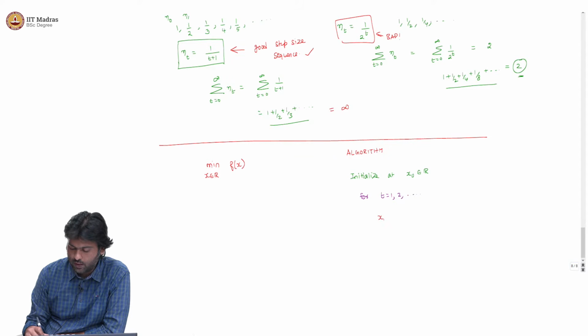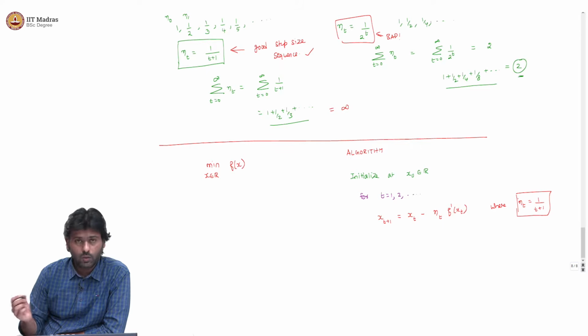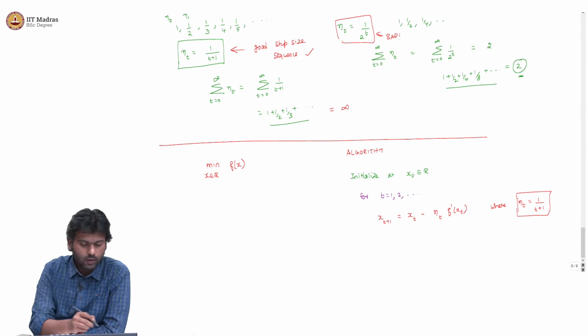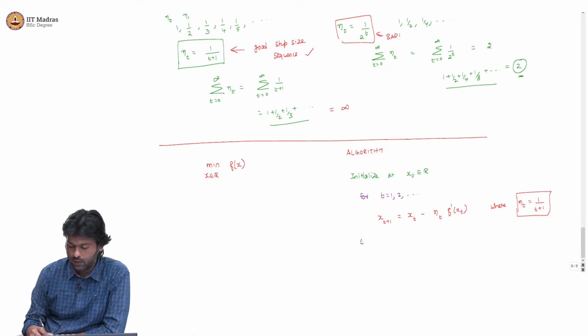We do x t plus 1 is x t minus eta t f dash of x t, where eta t in this particular case we will just set to 1 over t plus 1. This is not the only sequence, there might be other sequences with this property, but this is a good enough place to start with. So, end.